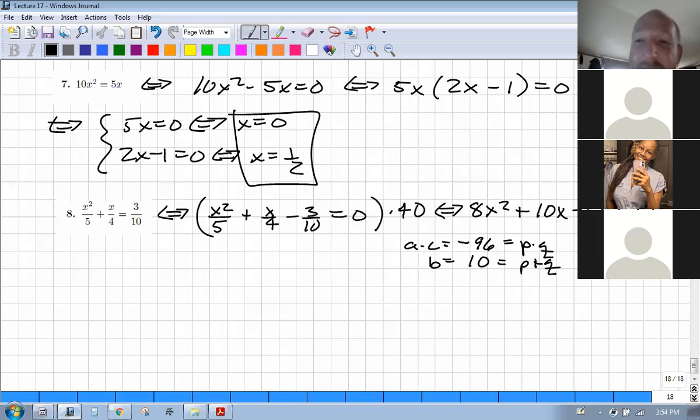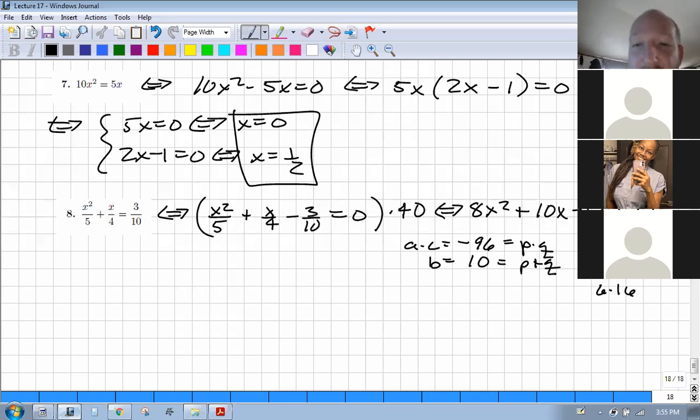2 and 48, but their difference has to be 10. So 3 and 32, no. 4 and 24 does not work. 96 divisible by 6, yeah, 6 and 16.